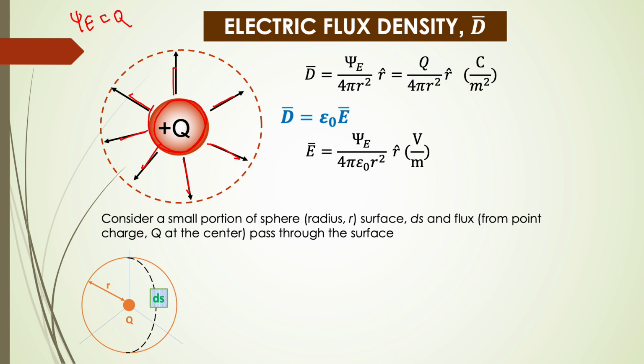We want to measure the electric flux density for this point charge. We know the electric flux and the charge are in scalar form, and D is in vector form. So let's convert D into scalar form.